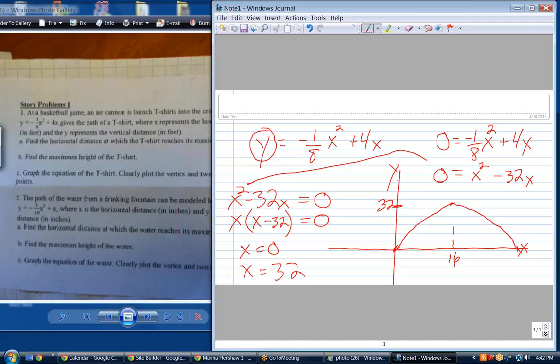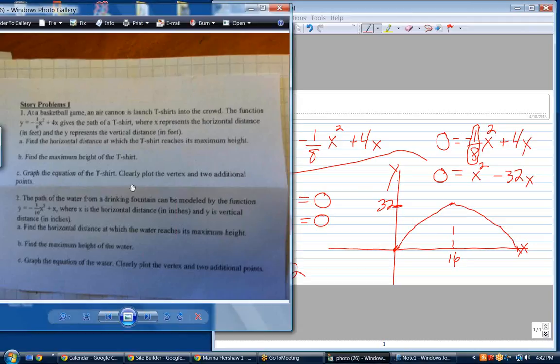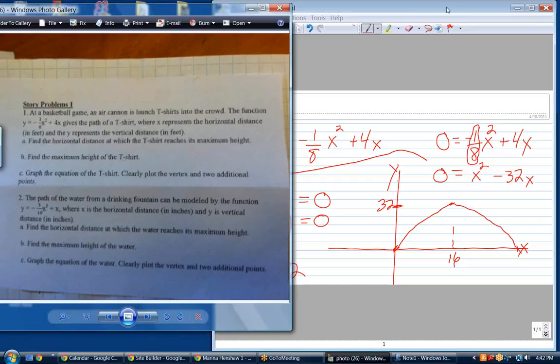Notice this parabola is flatter than most, as it should be, because this coefficient is 1/8, which means it flattens out the normal-looking parabola, as opposed to making it skinnier. Okay? All right, on to number 2.